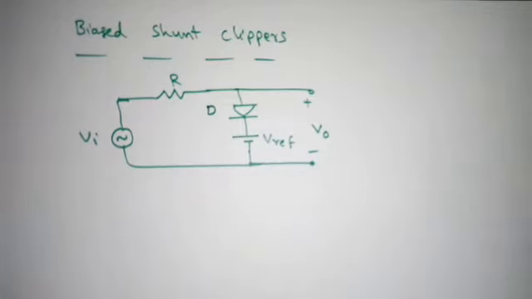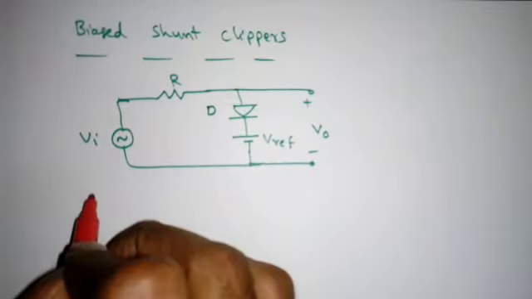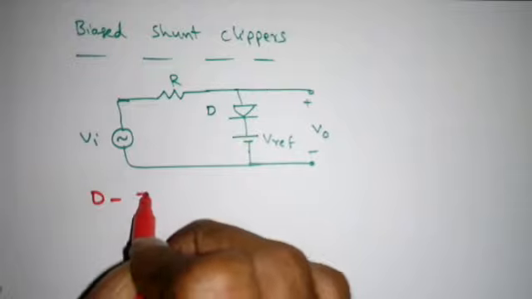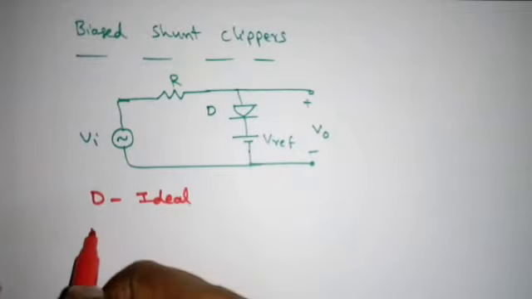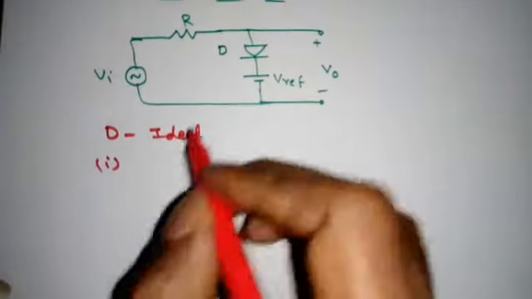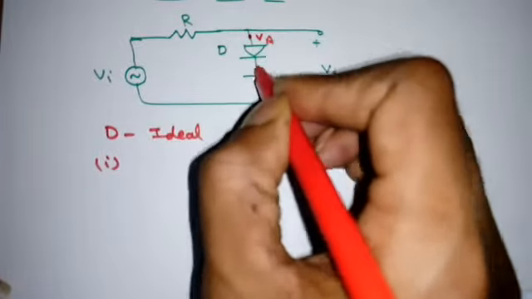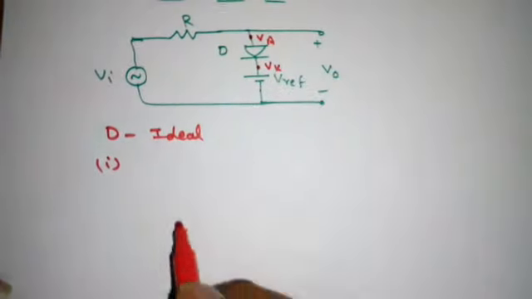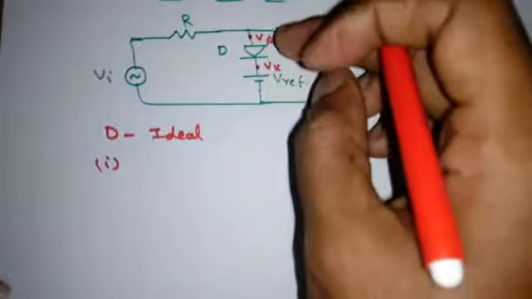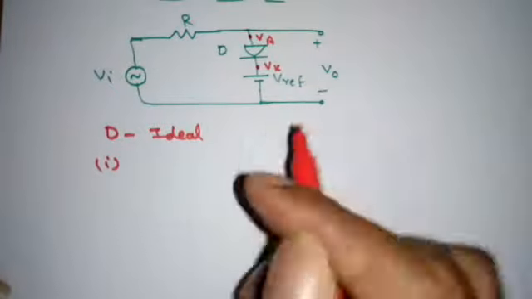Now, what is the first condition? If the diode D is ideal, then the first condition is, this is Va and this is Vk. So when I open this diode, Va is connected to Vi, Vk is connected to V reference.